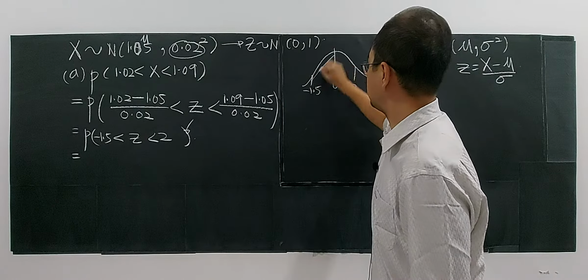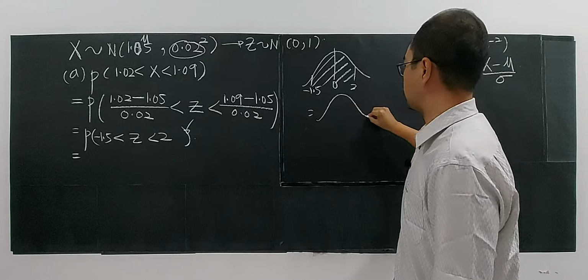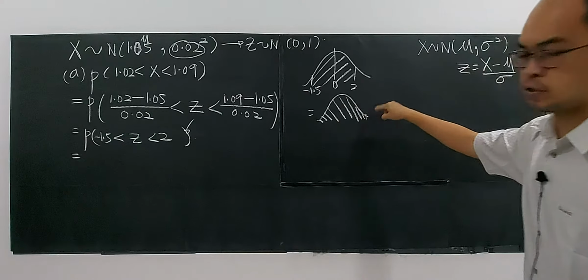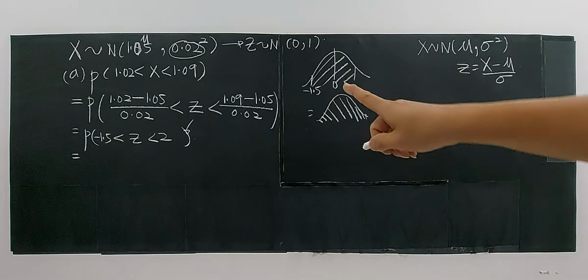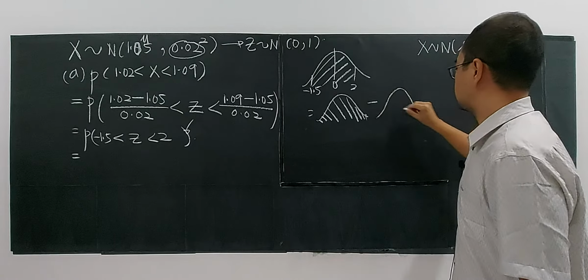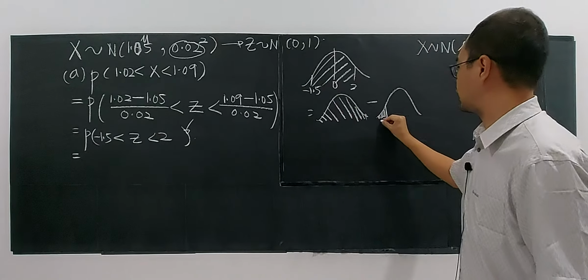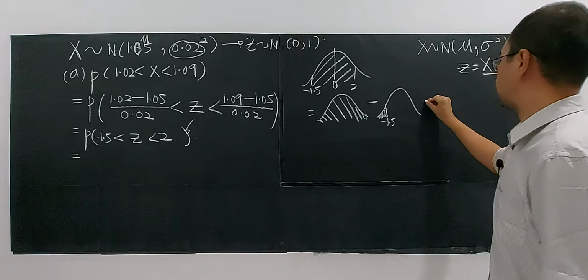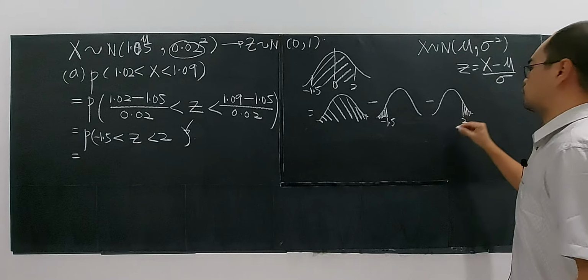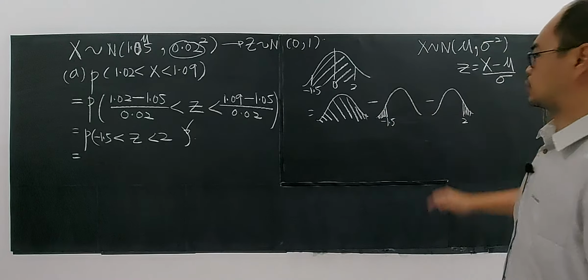This is the same as you take the big one, everything, meaning the area under the normal distribution is always 1, minus away the area below negative 1.5, and minus away the area above 2. Can you see the two empty spaces here? Minus and minus from 1, right?